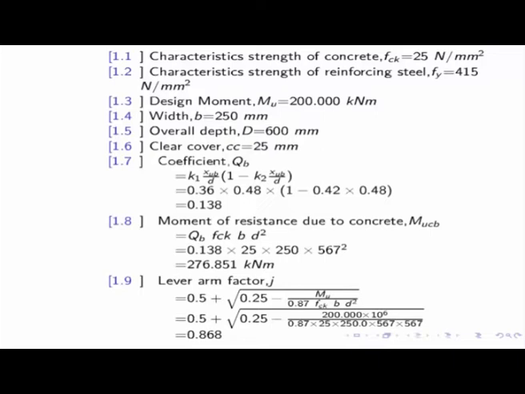Width B is 250 millimeter. This one is generally guided by the practical point of view. Let us consider that you are using, say, a 250 millimeter thick wall. So obviously we can use that thickness for the beam, 250. Whenever you are going to design, there are a few basic values that you have to assume or provide, and then you have to find out the other things.